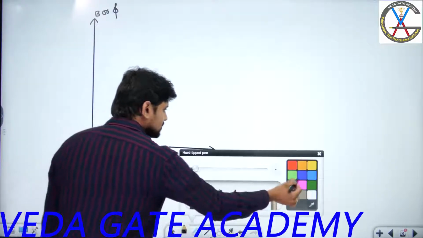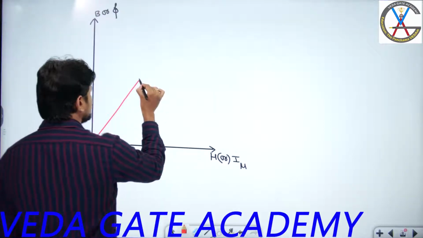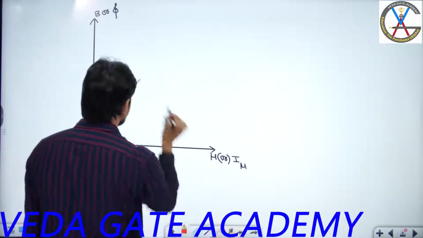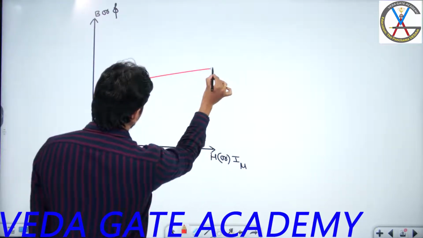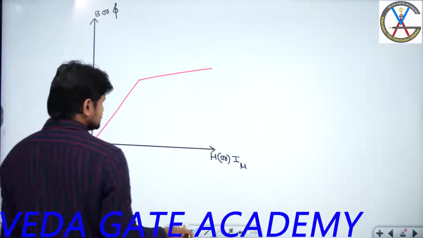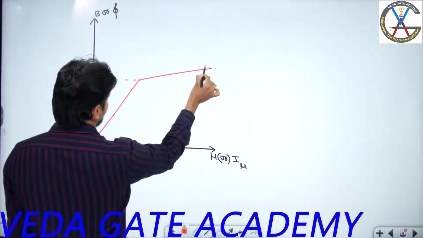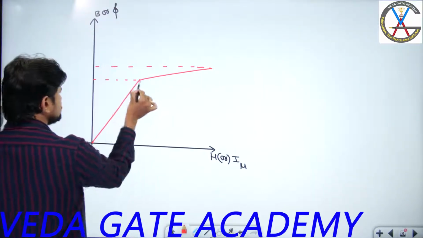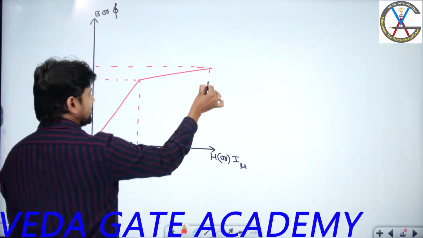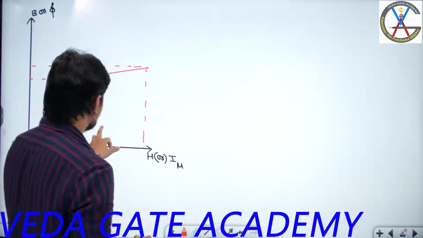Let me try to indicate these points. So this is the BH characteristics of a practical transformer.